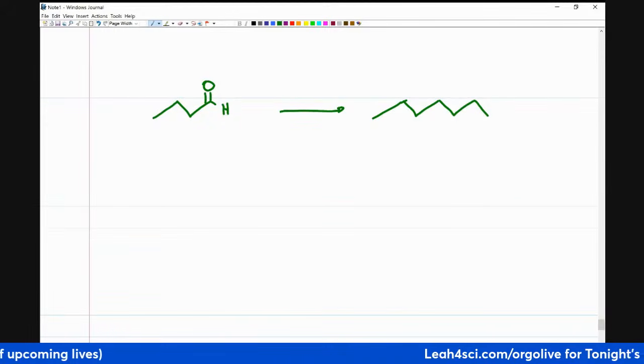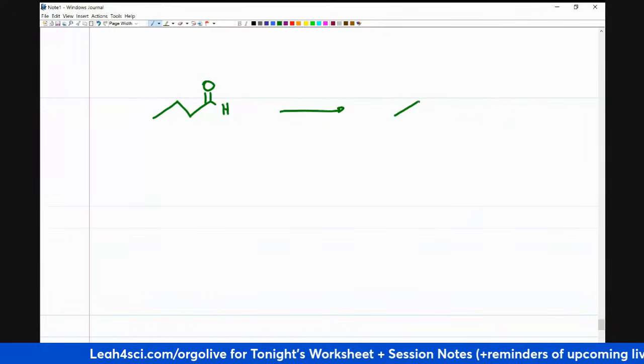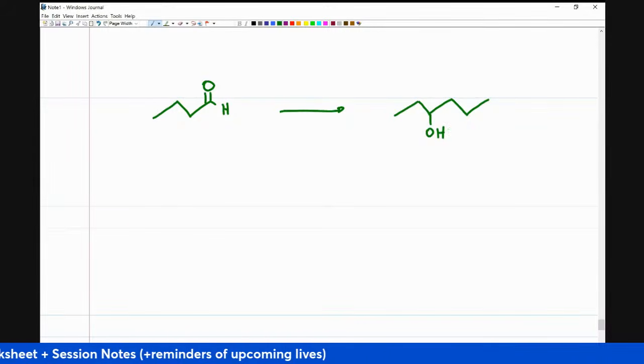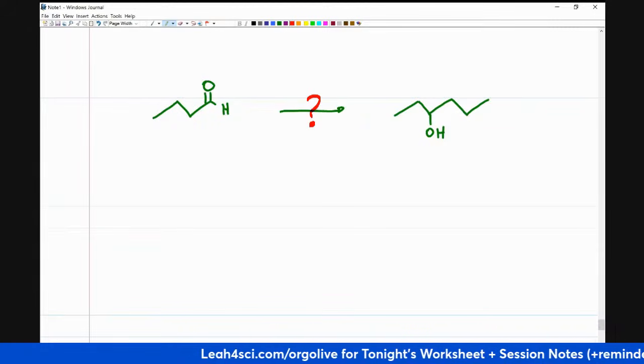Let me make sure I have the right one. There we go. Okay. This is your synthesis. This is what you have to do. Somehow, some way, where do you even begin in a reaction like this?